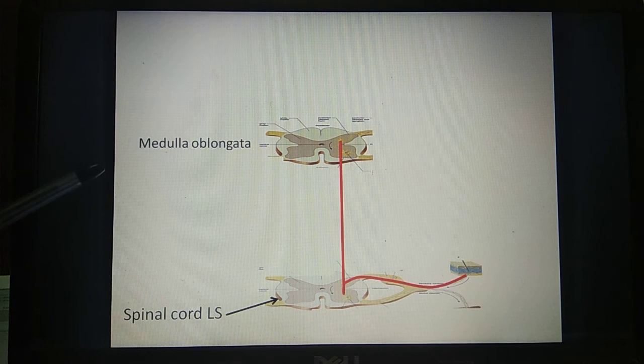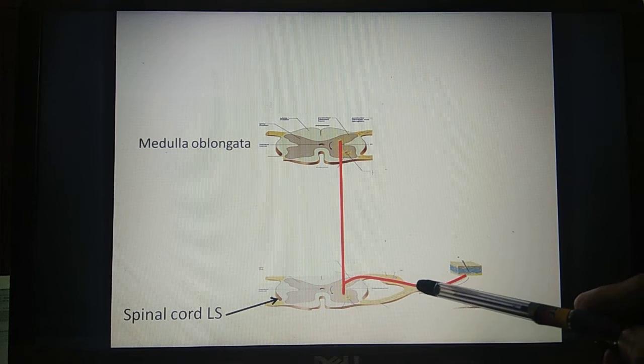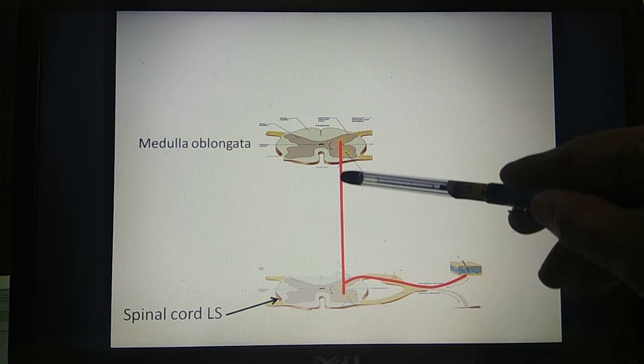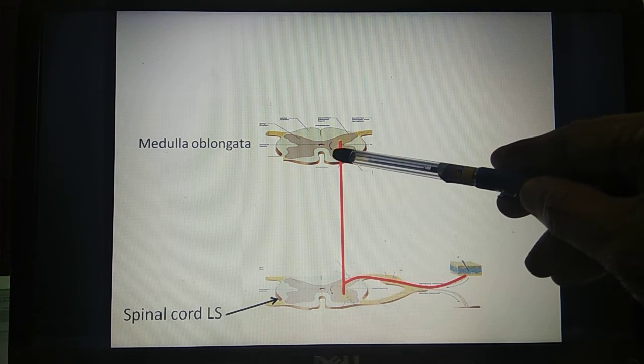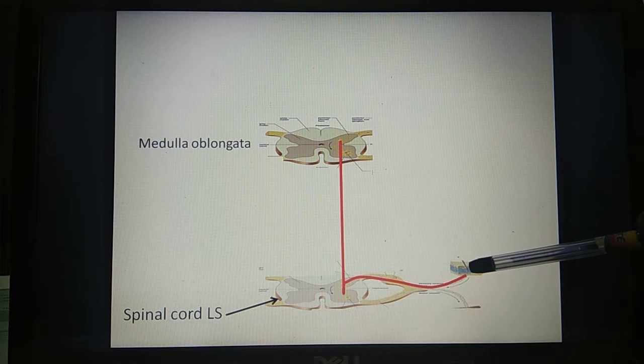Now, this second tract, this is our spinal cord, medulla oblongata. Now you can see in this, it is arising from the receptor, going without any synapse. It is going straight up to the medulla oblongata. See, there is no crossing and no synapse also.